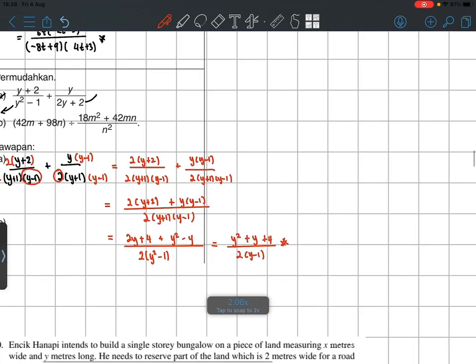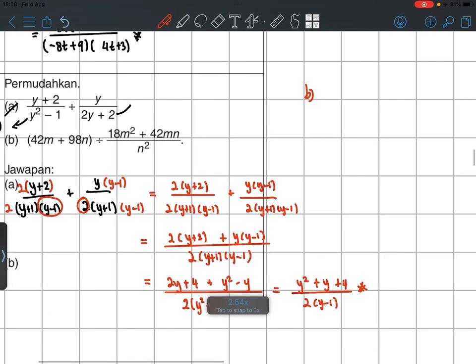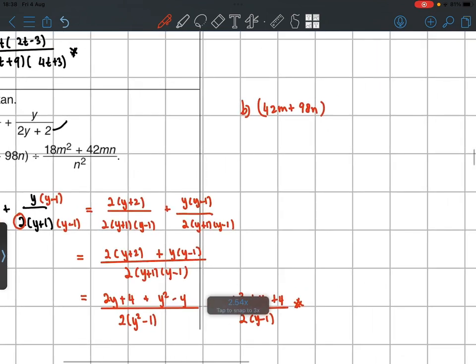Alright, so for question B, we have 42m plus 98n, divided by 18m squared plus 42mn, divided by n squared.